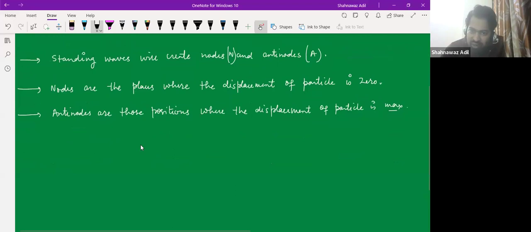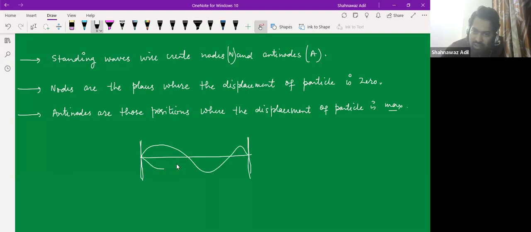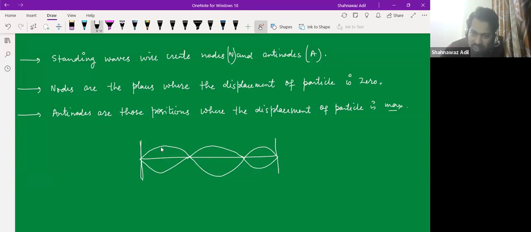So let's say we have this confining wall, right? This confining wall, and let's say we have this wave and then this wave, right? So in here, you see the displacement is maximum.